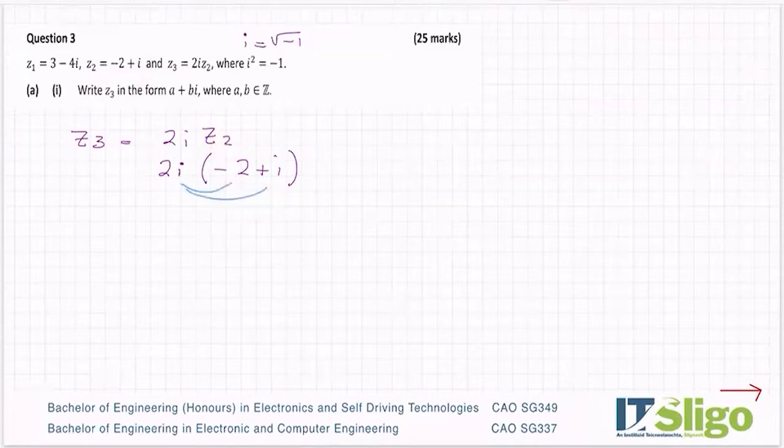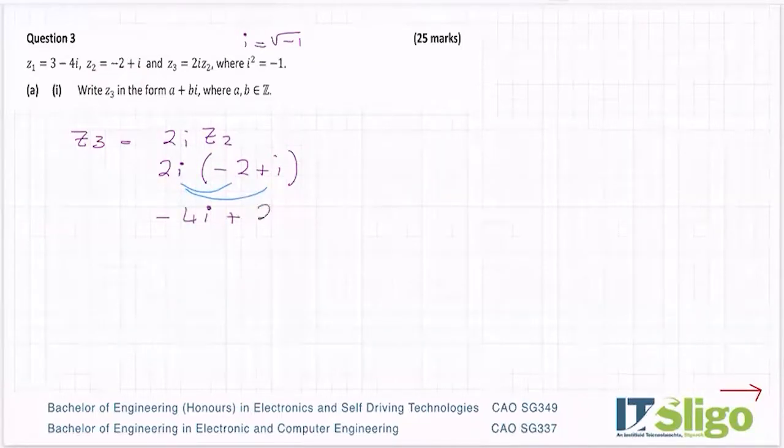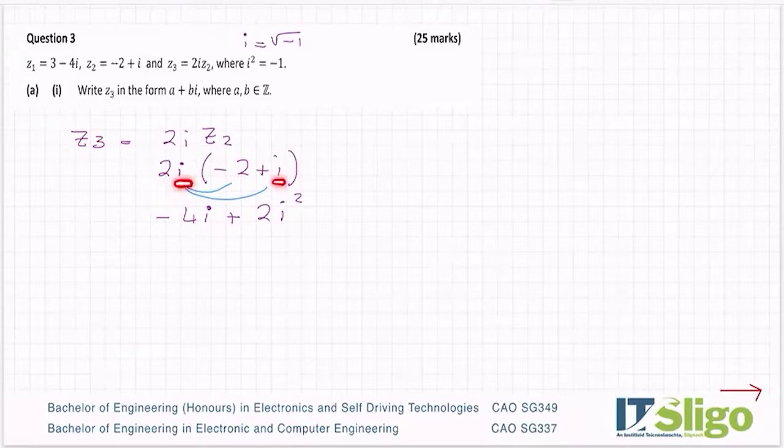Okay, so 2i by minus 2, well, we multiply the numbers by each other. 2 times minus 2 is minus 4i, and then plus 2i squared. Okay, so 2 and then I have i by i being i squared. You never leave i squared in a complex number because it's minus 1.